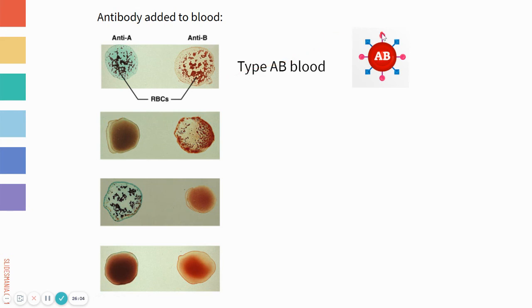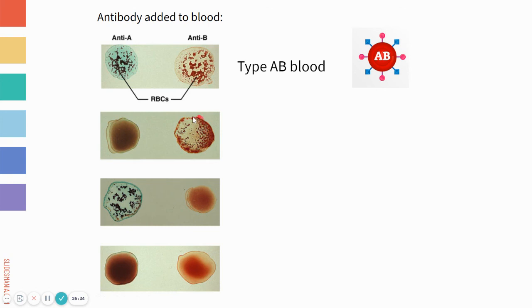It's got A antigens and B antigens. So when we add anti-A antibody, that's going to react with the A antigen, this pink circle. And when we add anti-B antibody, it's going to react with the blue square right here, and it's going to cause clumping in both situations. So let's look at this next picture. Here, we get no clumping when we add anti-A, but we do get clumping when we add anti-B.